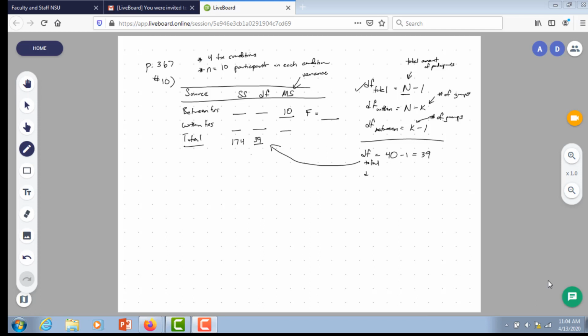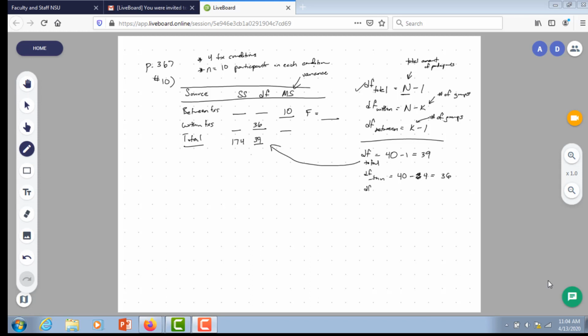Moving on to within, we take 40 and we subtract 4 from it. And when we do that, we end up with 36. So our degree of freedom for within is 36.